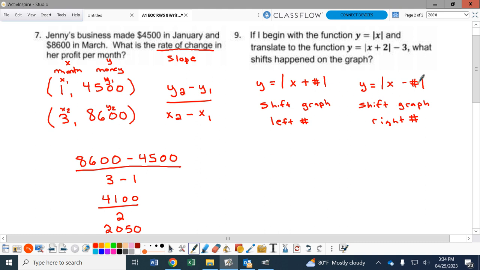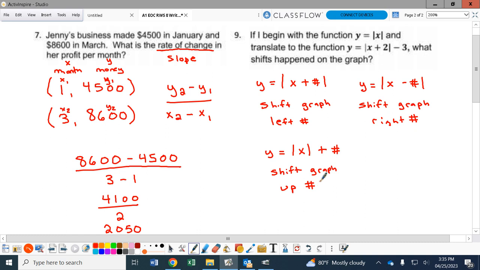These tell you to go left or right when it's on the inside, and they're the opposite of whatever you think. The up-down comes from whatever's on the outside. So if you have y equals the absolute value of something, and then you have something added onto the end of it, that is going to shift your graph up whatever that number is.